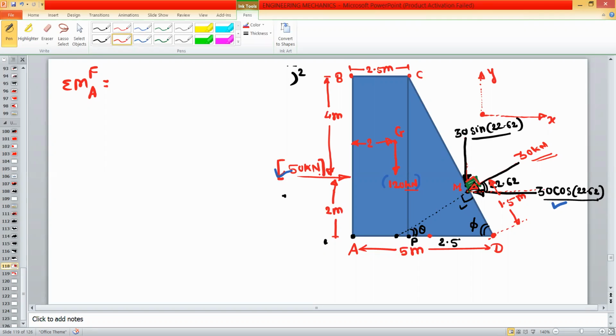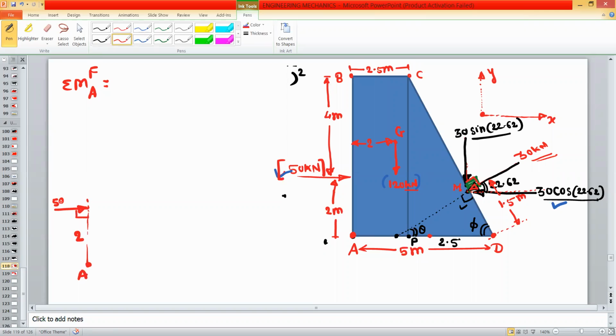So 50 kilonewton is at distance 2 meter with respect to point A. So what is the moment of this 50 kilonewton about point A? Just I will draw the separate figure. So this is the vertical wall. This is 50 kilonewton. And this is perpendicular. So this will be the perpendicular distance. And this is given as a 2 meter. Okay. And this is the point A.